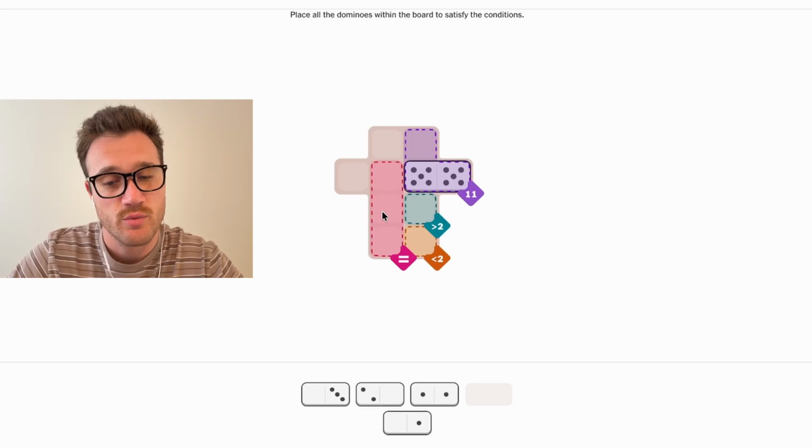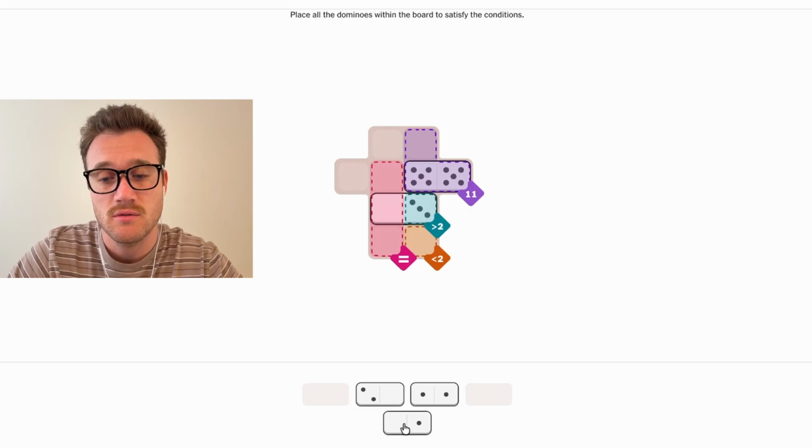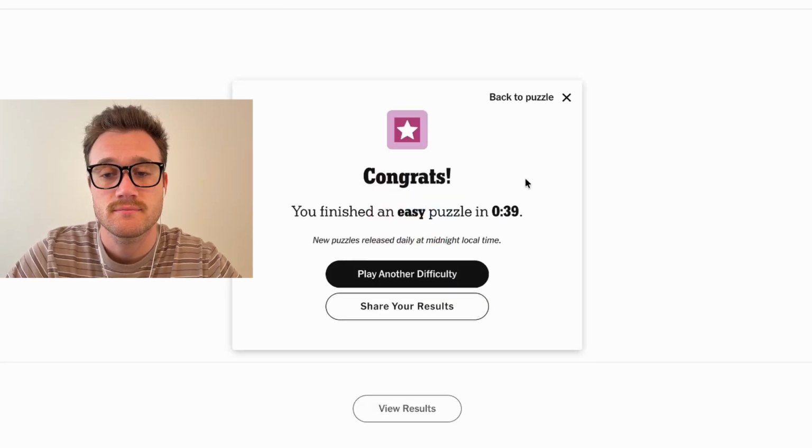And we want 3 of a kind. It's going to be with our zeros. So 0 greater than 2, 0 less than 2, a regular 0, and our 1 up top. Nice. 39 seconds, not too bad.